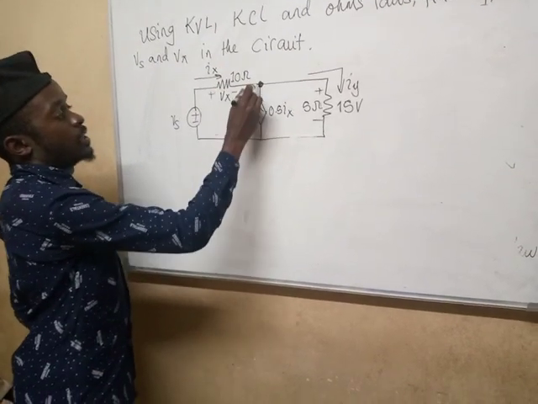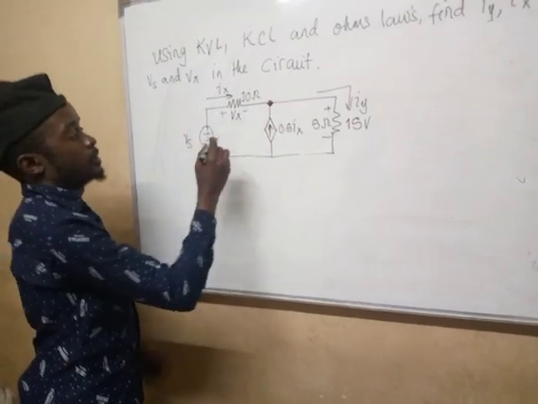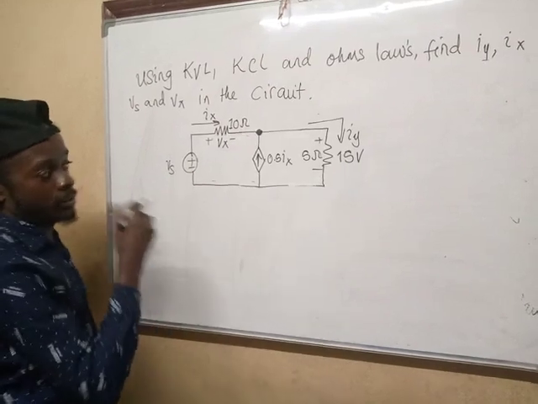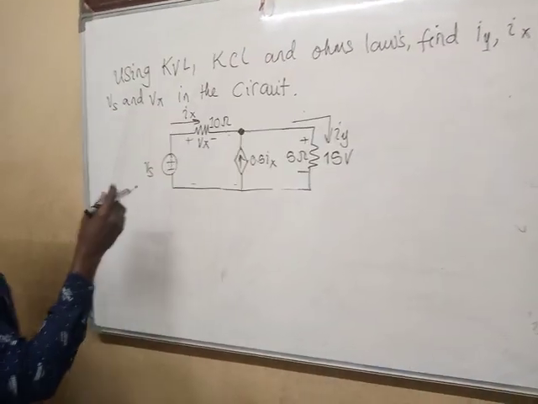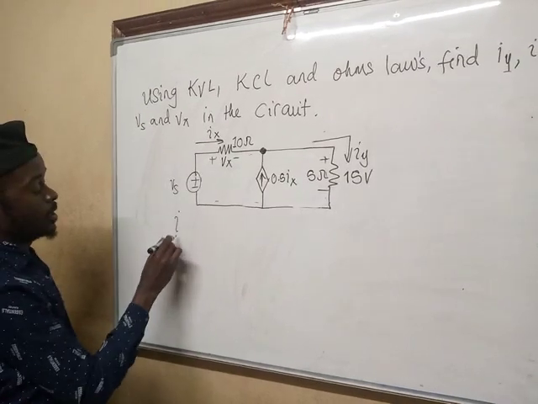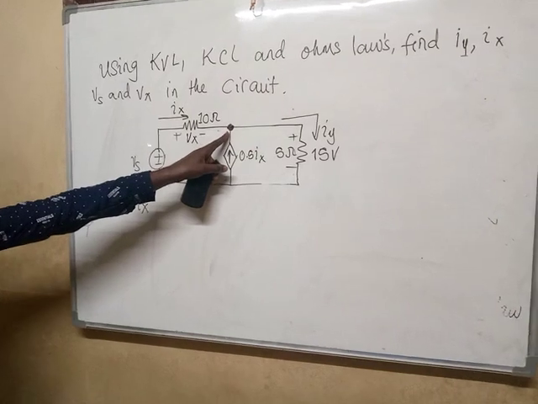We are talking of this as a point of interconnection among these branches. So we have this branch and this branch. In this case, we have this current Ix entering this node.